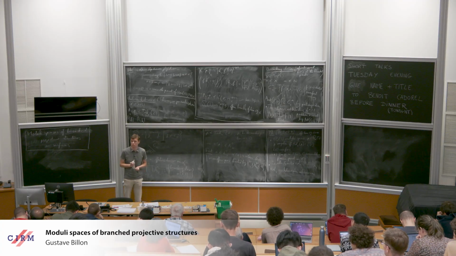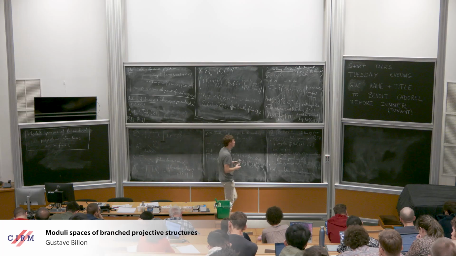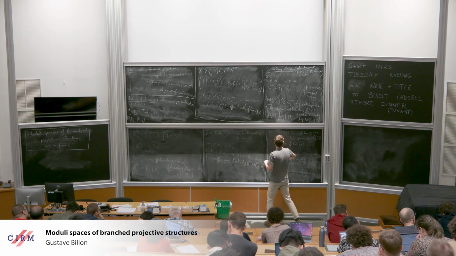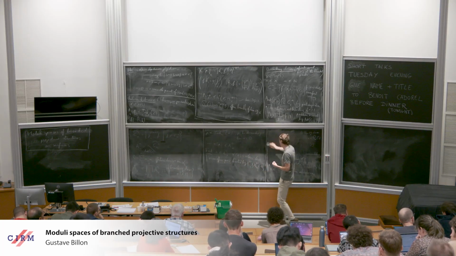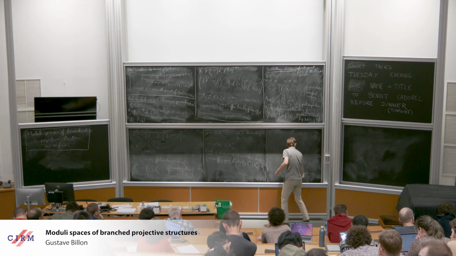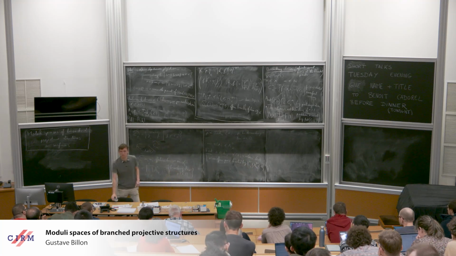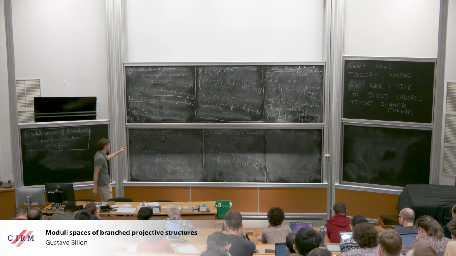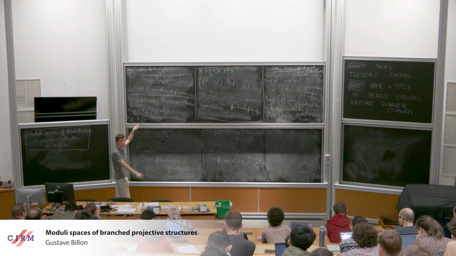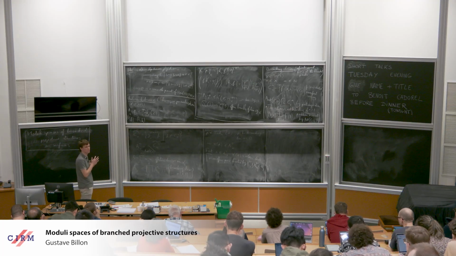How much time do I have? 3 minutes, okay. Maybe I stop here, because then the story is more or less the same as in the unbranched case, now that we have affine spaces of branched projective structures.